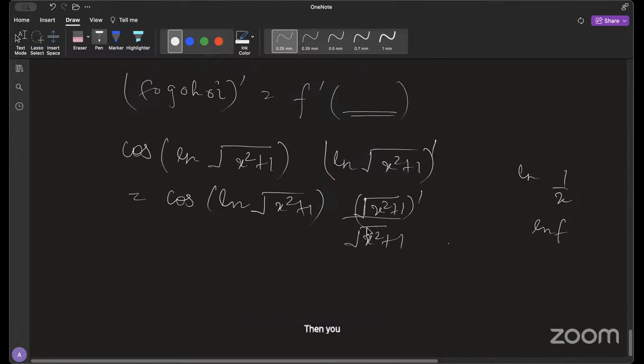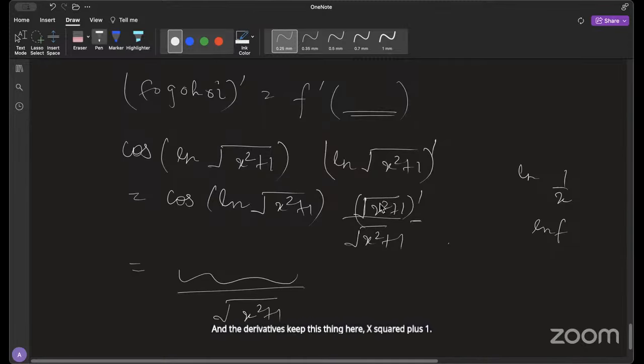Then you come to this derivative. Keep everything else the same, and take the derivative of the square root of x squared plus 1, so it's x squared. By the way, the derivative of root x is 1 by 2 root x.